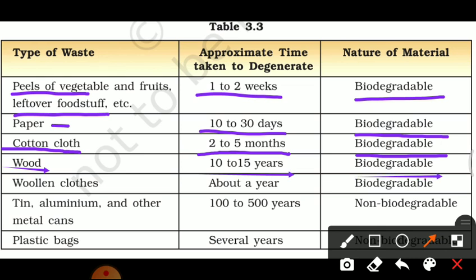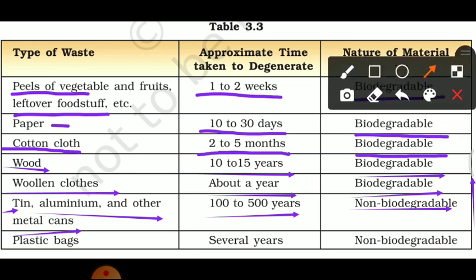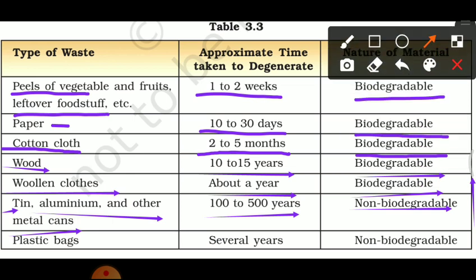Woolen cloths take about 1 year to degenerate and it is also biodegradable. Tin, aluminium and other metal cans take 100 to 500 years to degenerate and they are called non-biodegradable. Plastic bags also take several years to degenerate and thus they are also non-biodegradable.